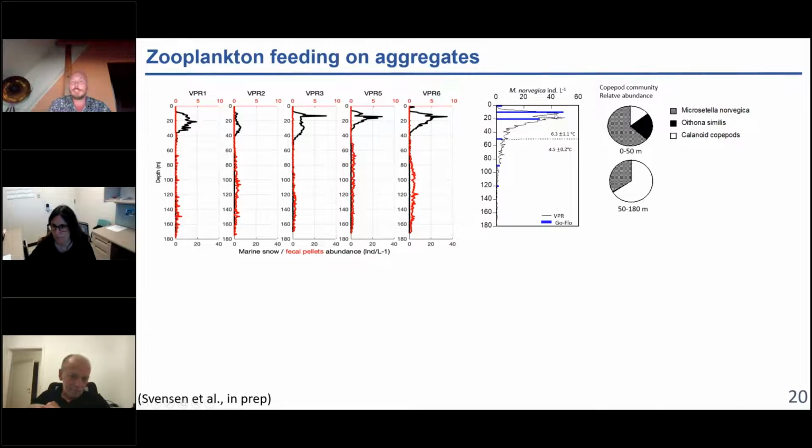And when we then looked at these tiny copepods, they're super abundant. So we often found 40 to 50 per liter, especially in the layer where we had all the marine snow particles.